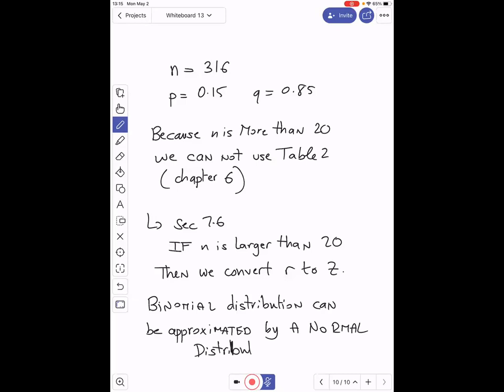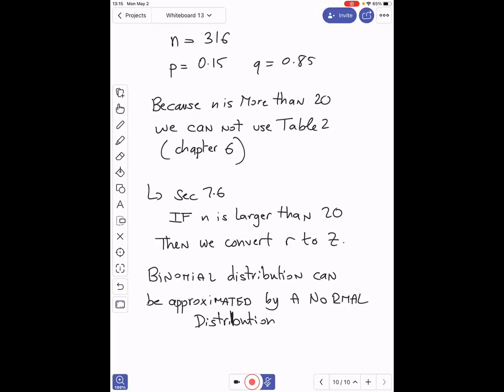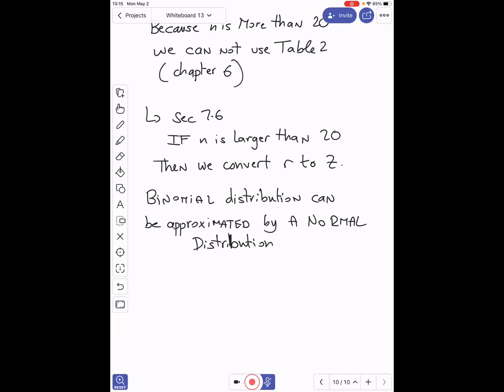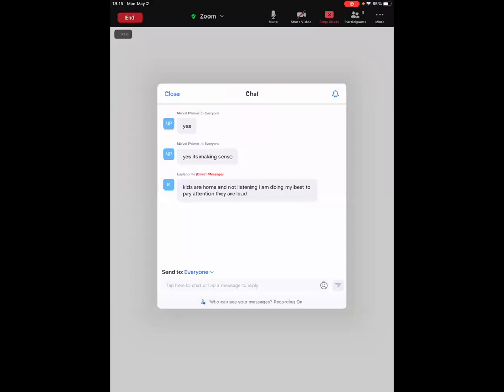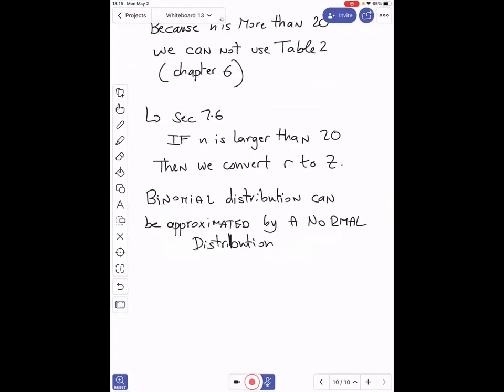So we want to find the probability that r, the number of successes, is at most 50, so less than or equal to 50. As I said, we can use a normal distribution to compute this.